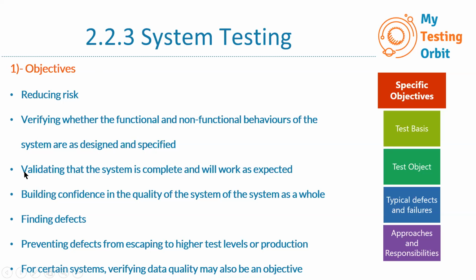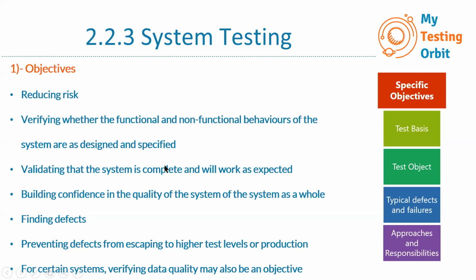The third one is validating that the system is complete and will work as expected. That's one of the objectives of system testing, that this is now the validation stage. We are executing our test cases over here, and we are making sure that the entire system is working as expected and it's complete.